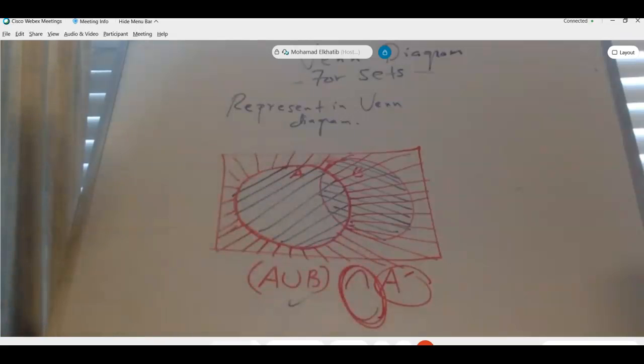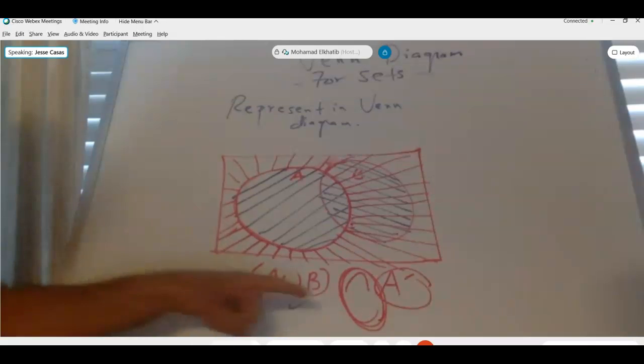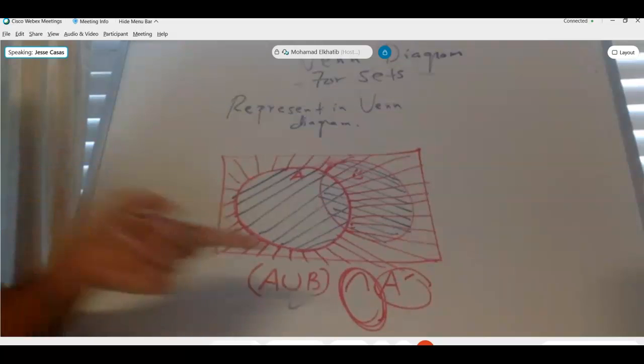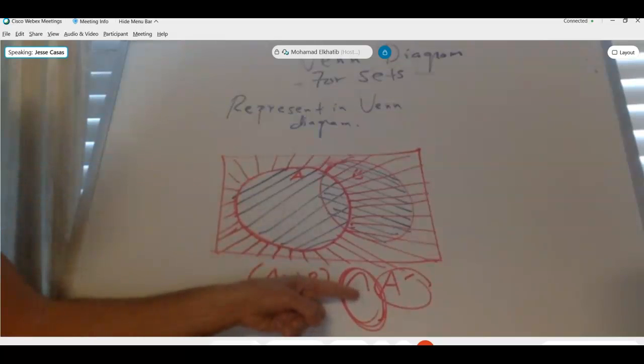Who can tell me what that sign is? U upside down. What do we call that sign? Exactly, that's intersection. Intersection means what? What's common between those shaded parts?